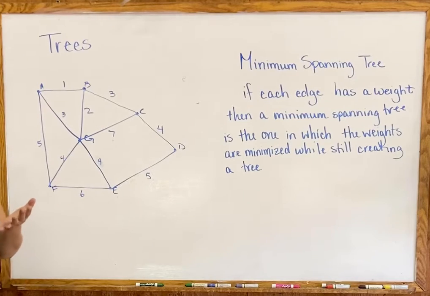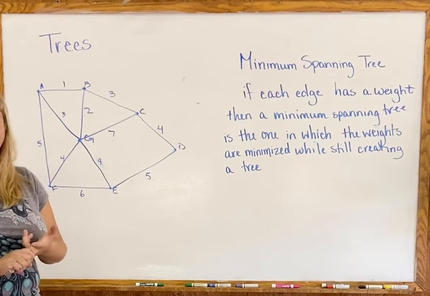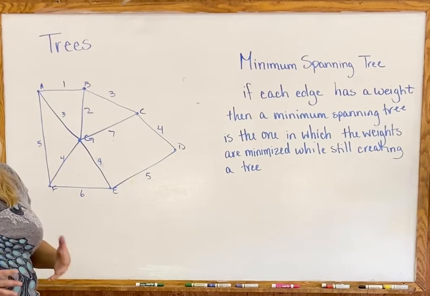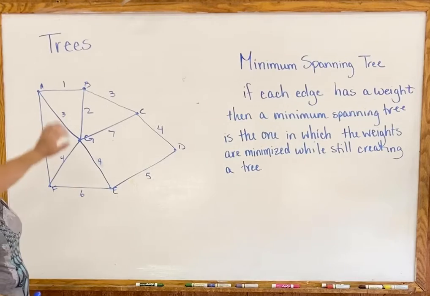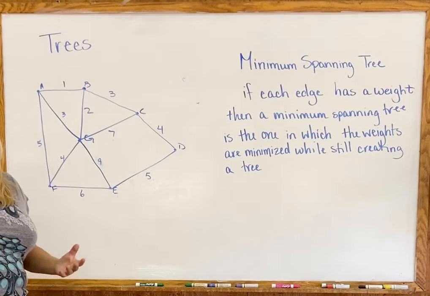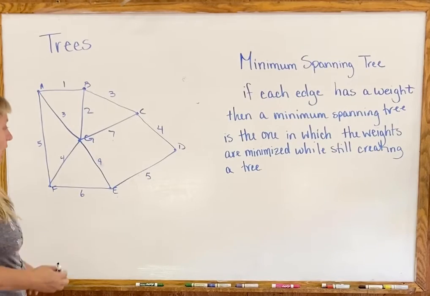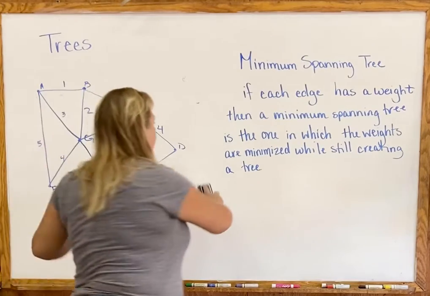So again, it might be distance, it might be cost, it might be difficulty. There are lots of different ways that the weight can be measured. So don't just get into the fact that it always means distance.